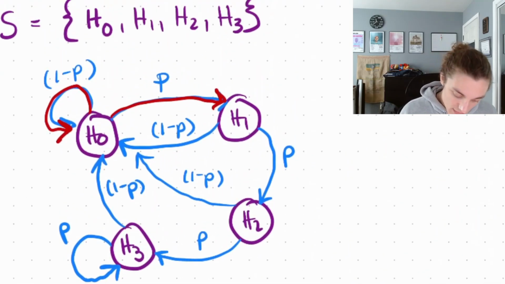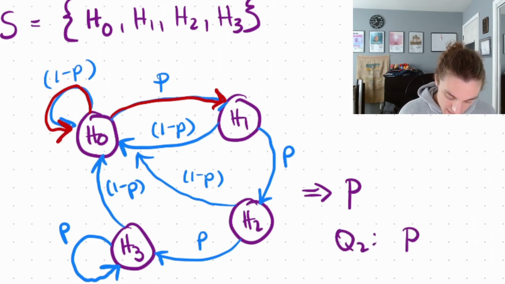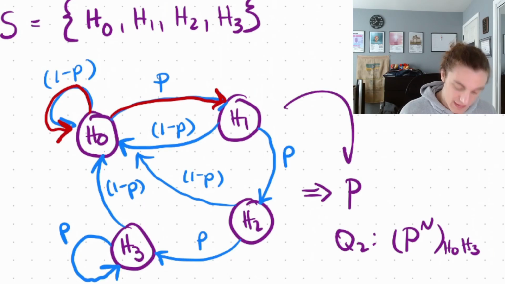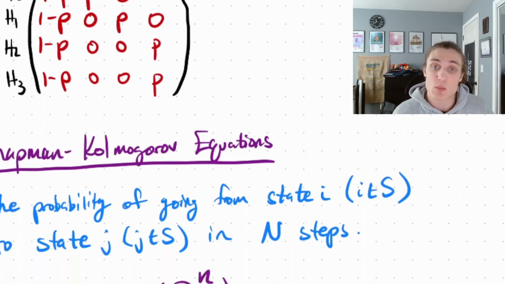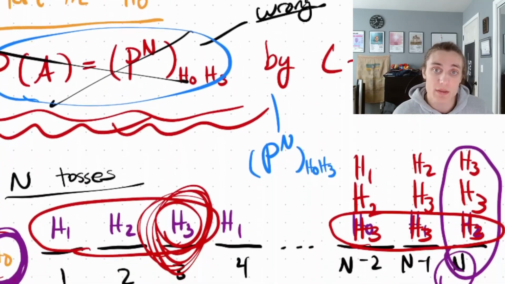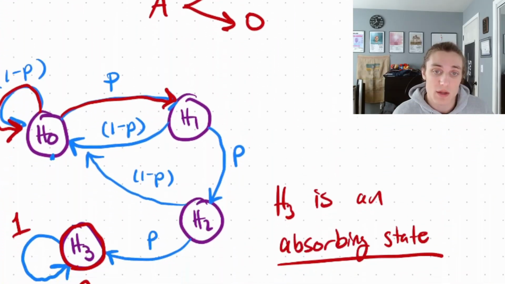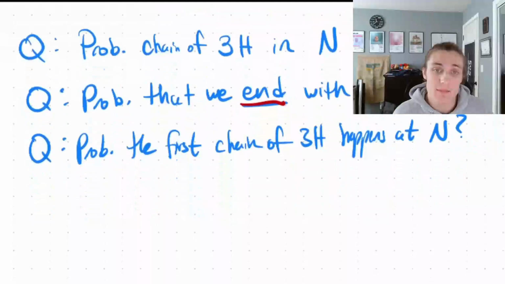All we have to do is take, using this transition matrix, so this is going to imply some P. To find the answer to Q2, we do P to the capital N, H0, H3, and again, we're deriving it from this diagram. That's going to be the correct answer to number 2. That's the probability we end with a chain of 3 heads, all right?